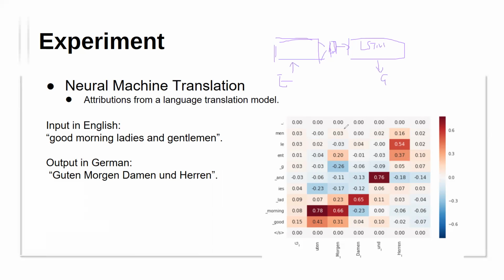So in this case, my question is how to apply IG, integrated gradients, here. Given a German sentence Y and an English sentence X, it somehow uses the integrated gradient to generate a matrix like this and bring out the correspondence relation.